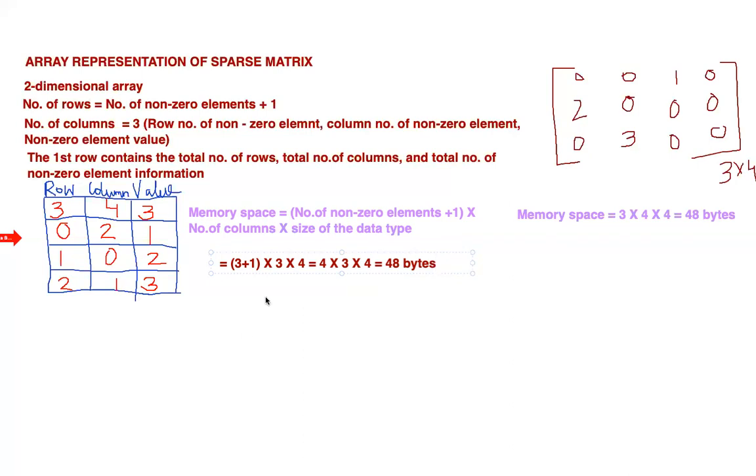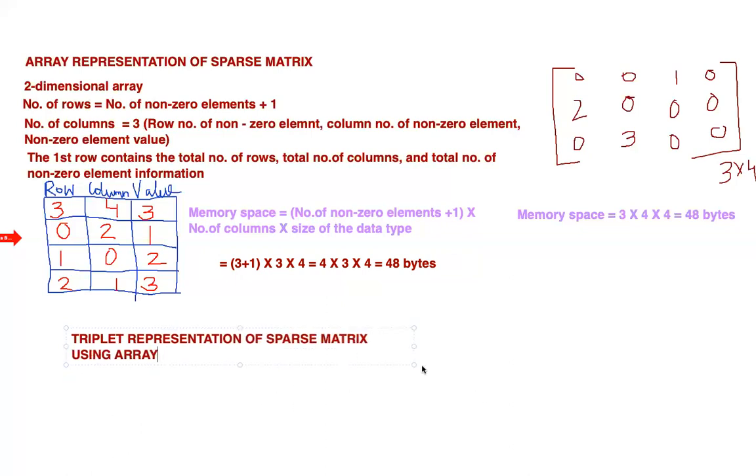So this is known as the triplet representation of sparse matrix using array.